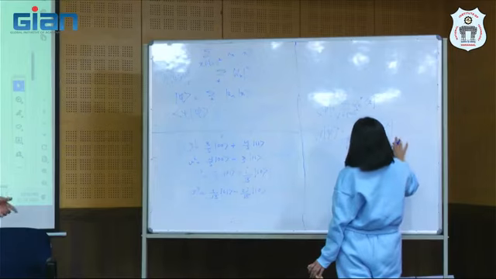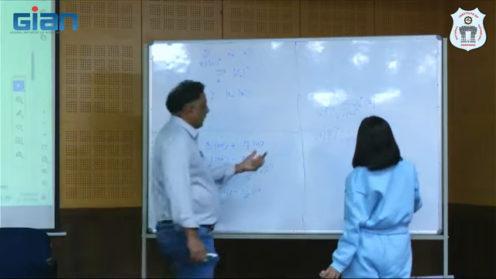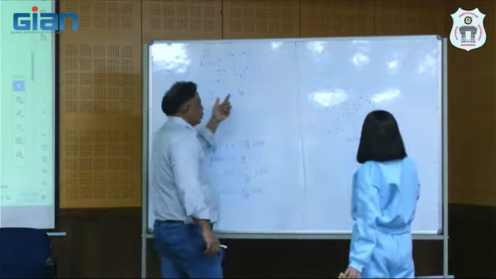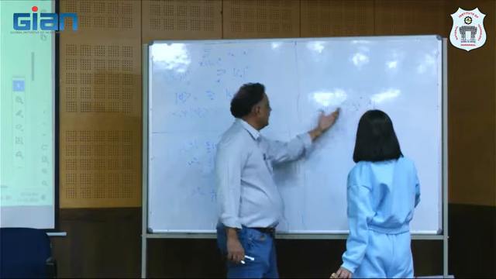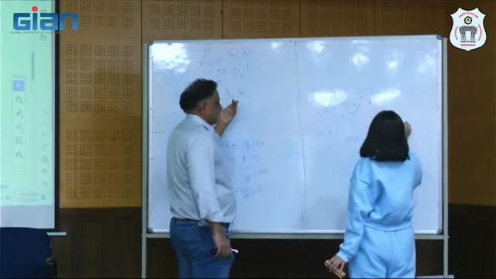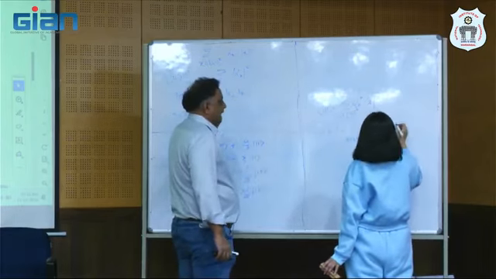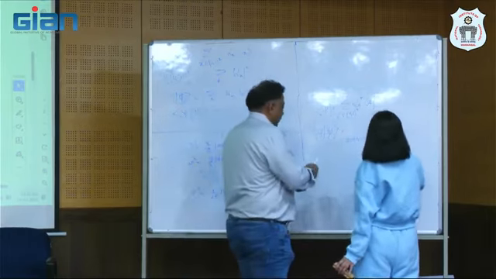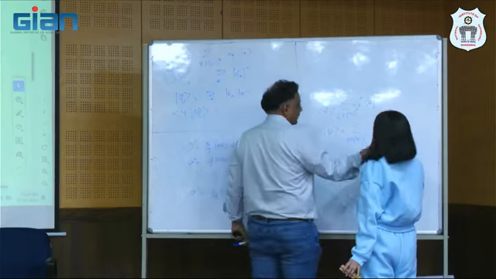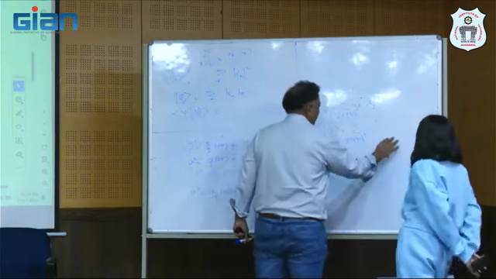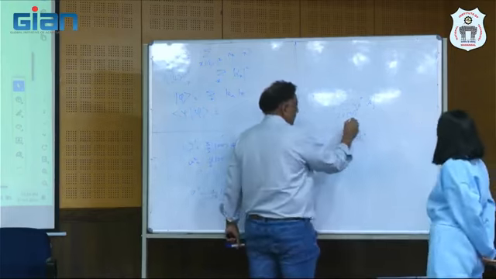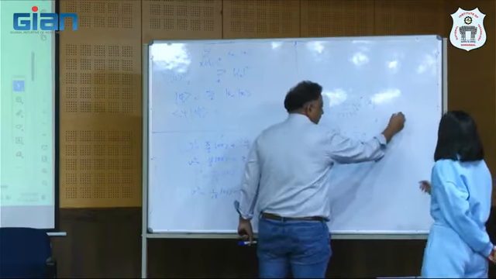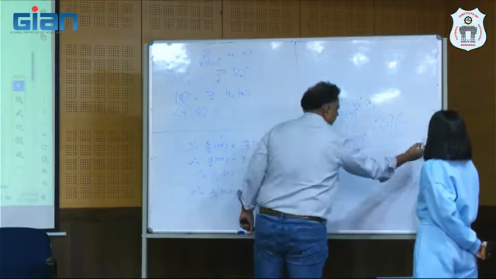Just write, you see, you are multiplying two things. You are multiplying this with this. So write this first, then write this second. Put the bracket. See, when you are multiplying, here one bracket, here another bracket.